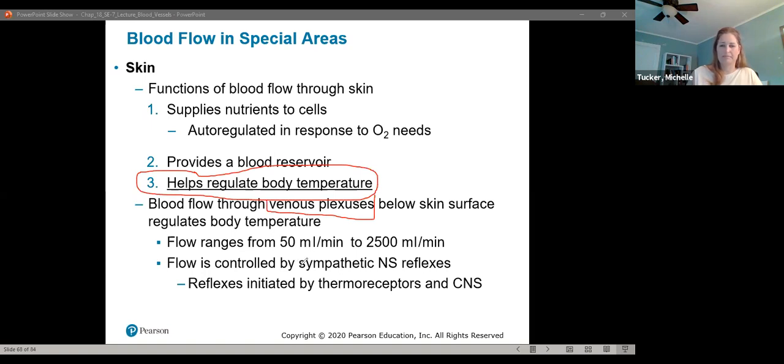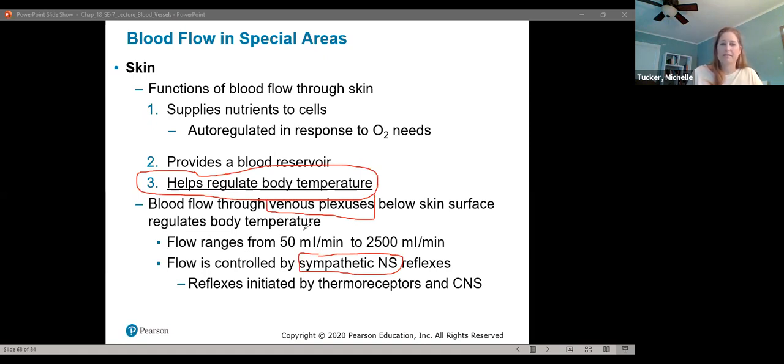And then as it monitors body temperature, the flow through these plexuses is controlled by the sympathetic nervous system. So the skin is very important in maintaining body temperature.